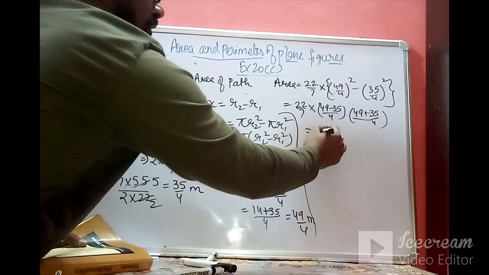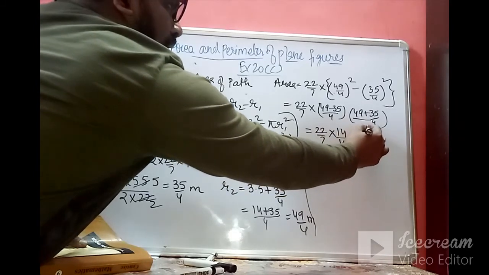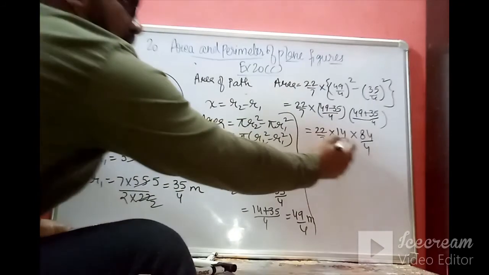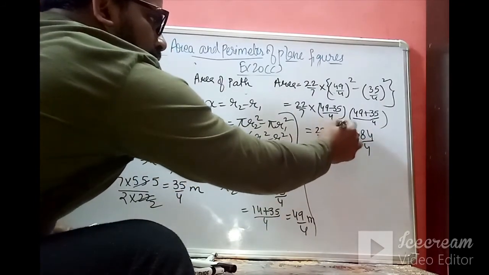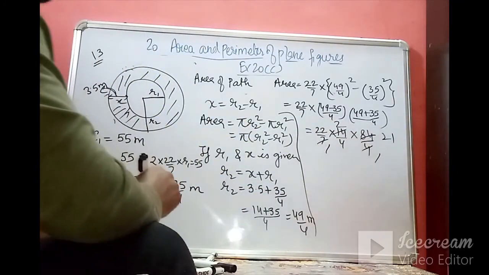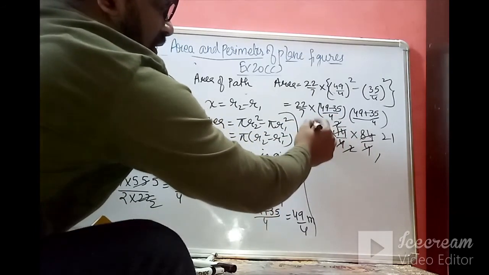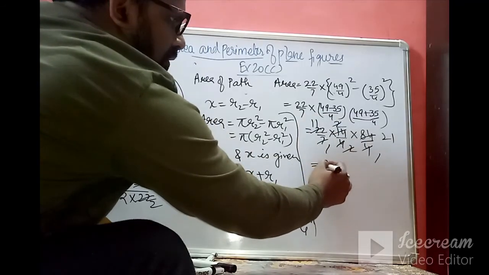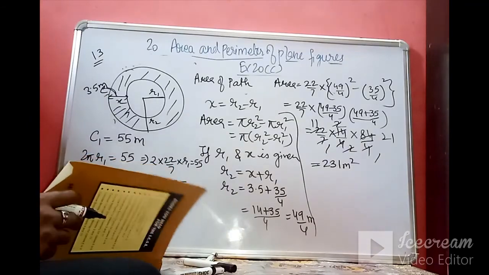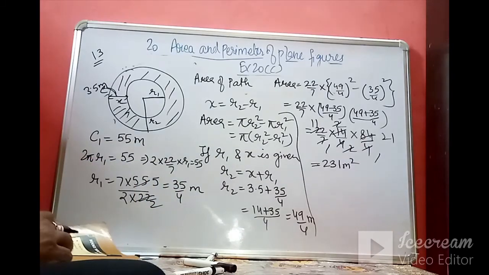So what is area? 22 by 7 into 14 upon 4 into 84 upon 4. So this is 7 into 2. This is 4 into 21. Then 2 into 2 is 4. Then this is 11. So I will get 231 meter square. Okay, so this will be the area of the track, 231 meter square.